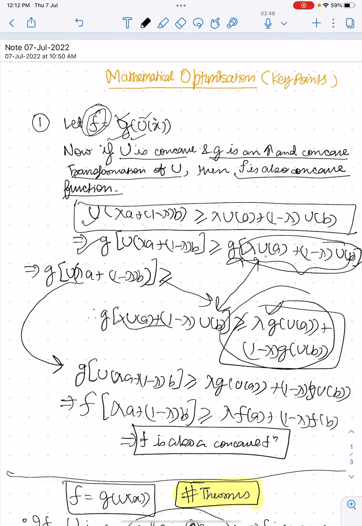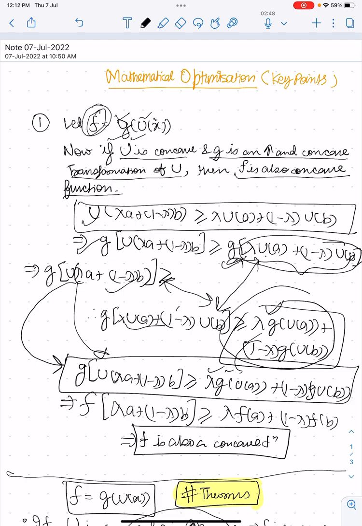Now we'll link this to this. Since this is greater than this and this is greater than this, this will be greater than this, and this we get as the final statement. And now we can see that g of u is f, so f of a convex combination is greater than or equal to the convex combination of f, so f is also a concave function.